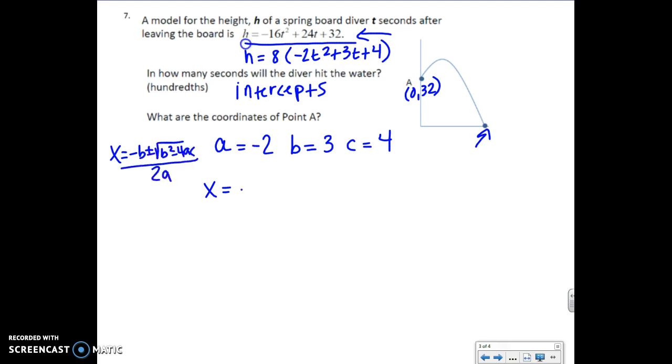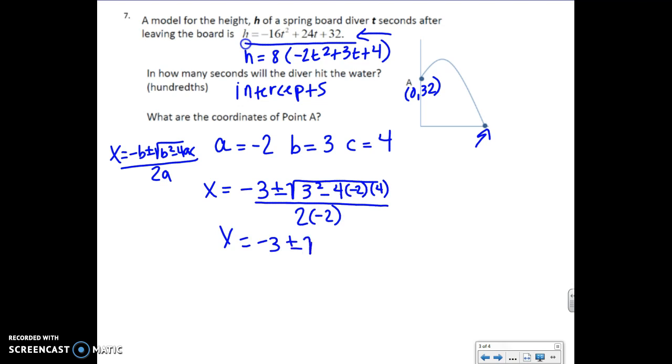So negative b plus or minus the square root of b squared minus 4 times a, which is negative 2, times c, which is 4, all over 2 times a, which is negative 2. If we solve that, we get negative 3 plus or minus the square root. This is going to be 9 plus 32, which will give us 41.